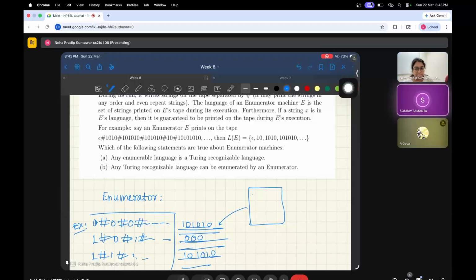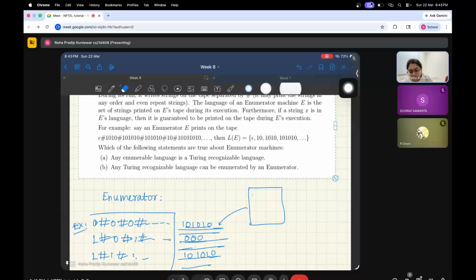Okay, understood. So for example, this particular enumerator prints these strings, and it can keep on printing infinitely. So that is one model: this enumerator, which is basically a printer sort of, which keeps on printing strings.